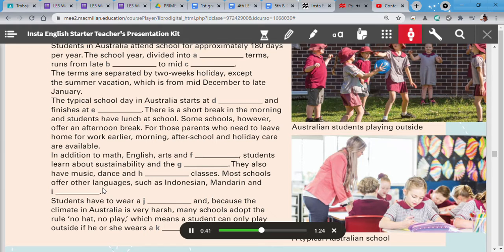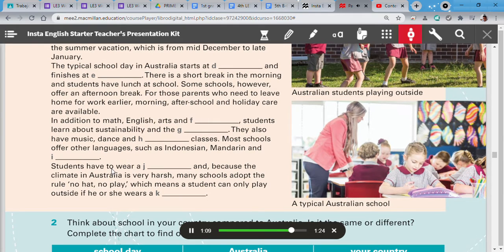Some schools, however, offer an afternoon break. For those parents who need to leave home for work earlier, morning, after school, and holiday care are available. In addition to math, English, arts, and science, students learn about sustainability and the environment. They also have music, dance, and swimming classes. Most schools offer other languages, such as Indonesian, Mandarin, and Japanese. Students have to wear a uniform and, because the climate in Australia is very harsh, many schools adopt the rule, no hat, no play, which means a student can only play outside if he or she wears a hat.